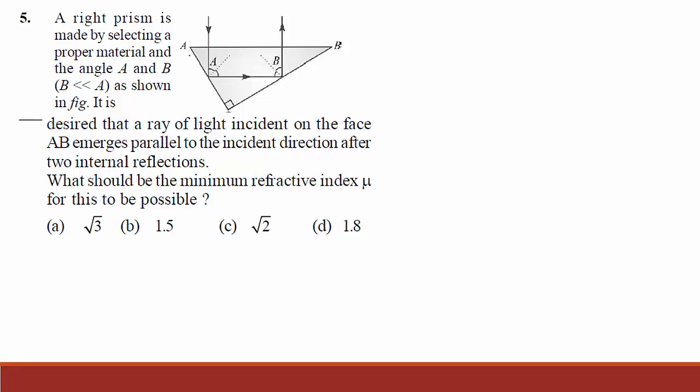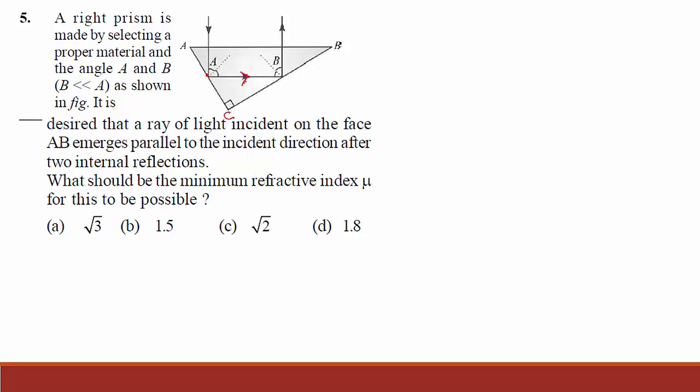Here you can observe the surface AB. On this surface AB, when a ray of light falls on it, it is normal incidence, so it is undeviated. When the same ray of light falls on the second surface, let us take AC, here a total internal reflection of light takes place. So it is turning back.